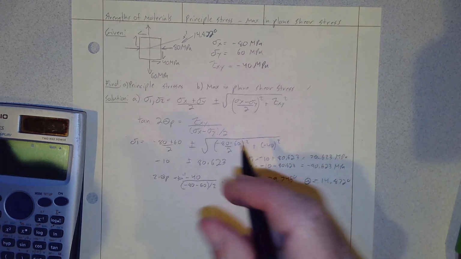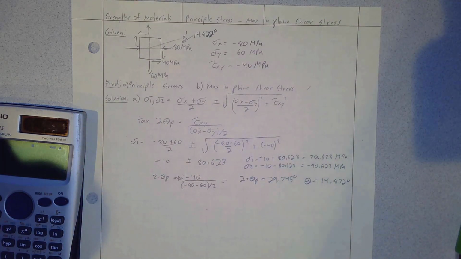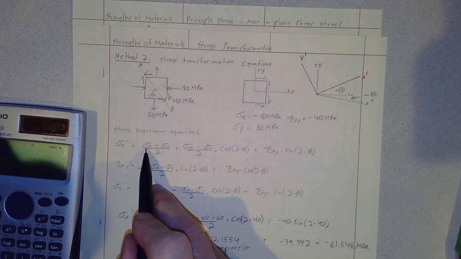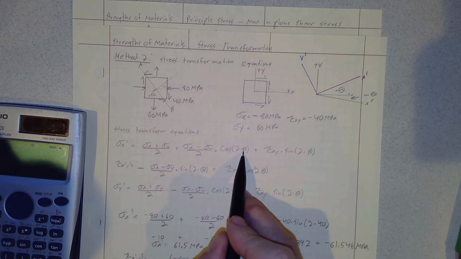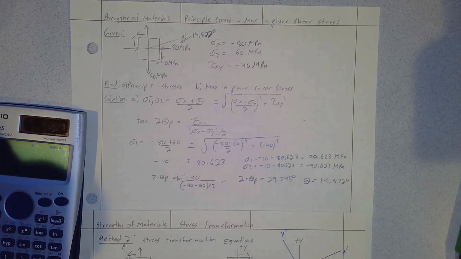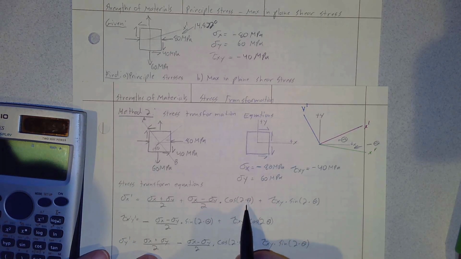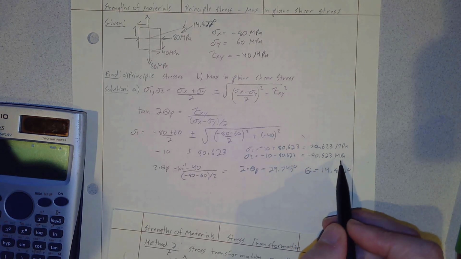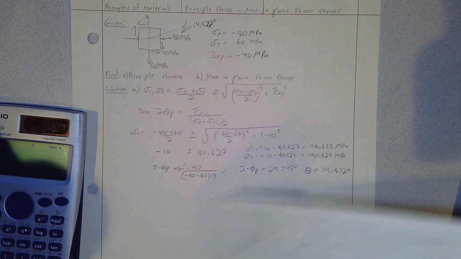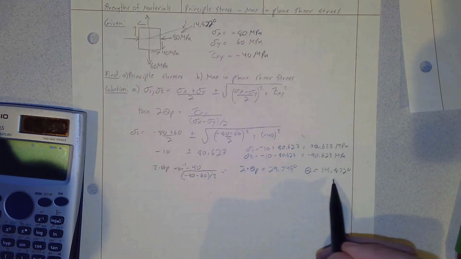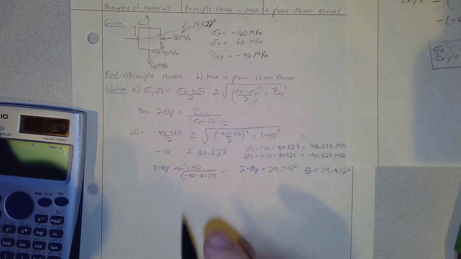So to clarify that, I need to go back and use my equation. We have this equation here that lets us plug in our unrotated stresses and some angle, and it will give us the value on that rotated one. So if I plug in 14.872 degrees into this equation, I will come up with either 70.623 or negative 90 megapascals. And that's how I'll know if it's sigma 1 that's at this 14.872, or if sigma 1 is 90 degrees away from that. So we'll go ahead and use that equation and plug them in.